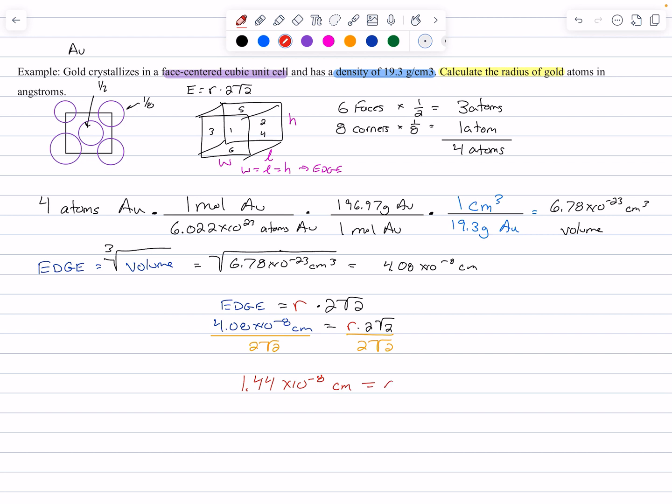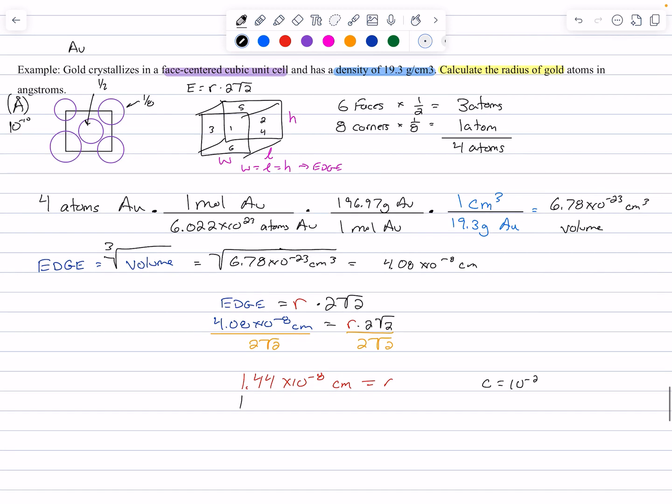Now, remember centimeters, centi is 10 to the minus 2, because we've got to get this to angstroms. Angstrom is 10 to the minus 10th. And so centi is negative 2.